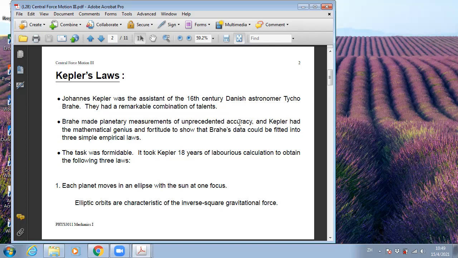Kepler looked at the huge set of data and tried to fit the data to some equations, some mathematical expressions, some functions, all right? And it took Kepler 18 years of laborious calculations to obtain the 3 basic laws.